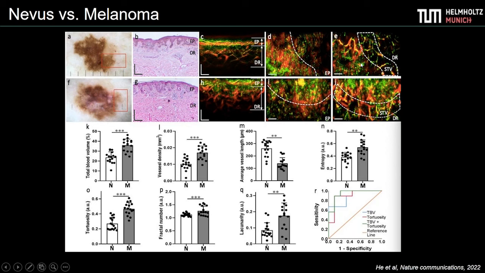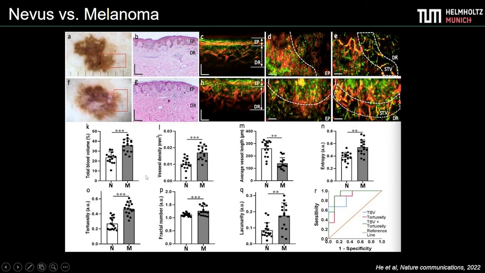If you look at the dermal vasculature, especially in the surrounding region, because we mainly measure the edge part covering the lesion and part of the surrounding healthy skin, at the edge of the nevus lesion we see a very regular network close to the healthy skin. While at the edge of the melanoma, we see irregular dense patterns.